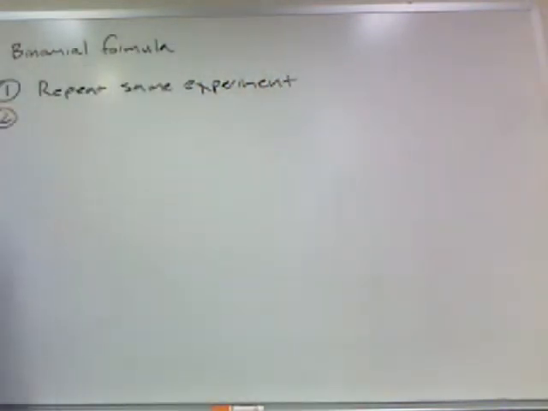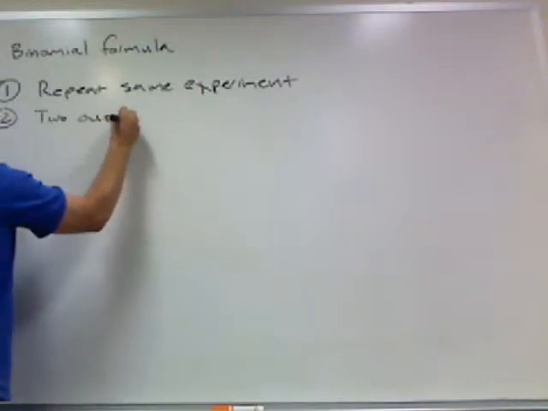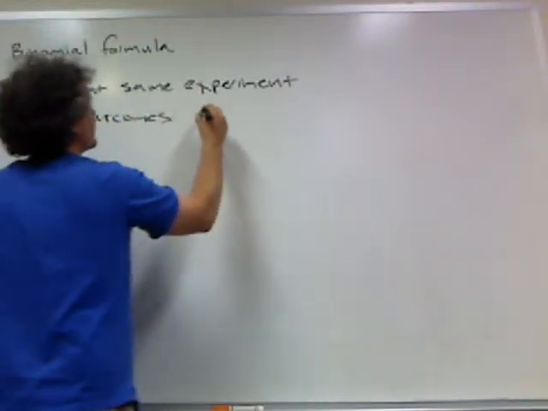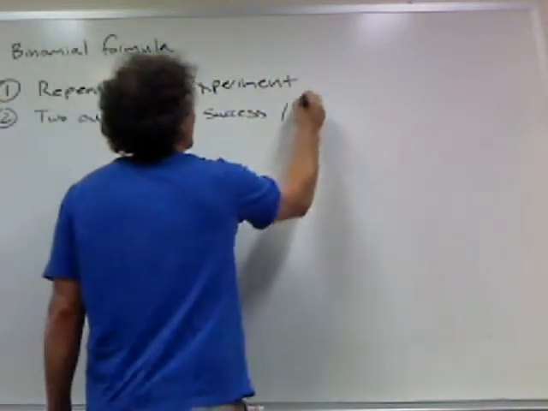Another is the individual experiments have 2 outcomes. So call them success and failure.